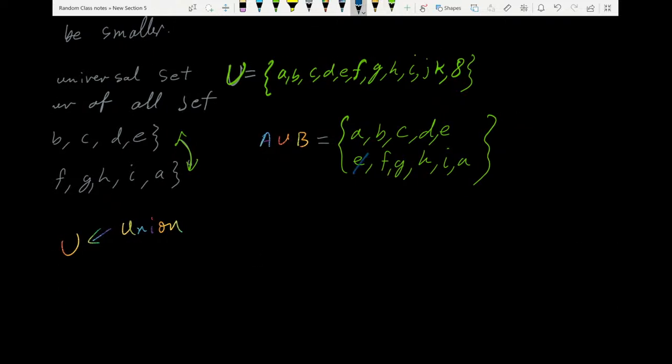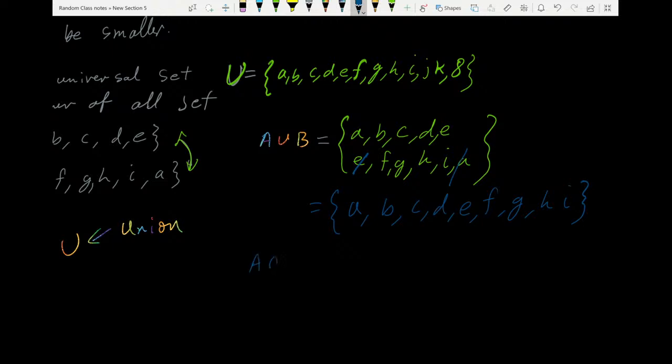E is a repeat, and A is a repeat. So I don't need to rewrite them. All I have to write is A, B, C, D, E, F, G, H, I. Union means that you combine all the elements and you don't repeat them.